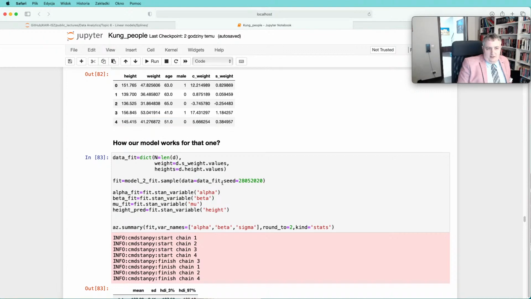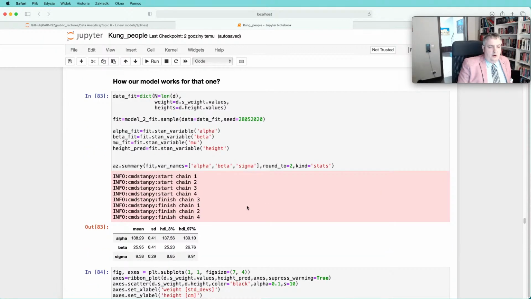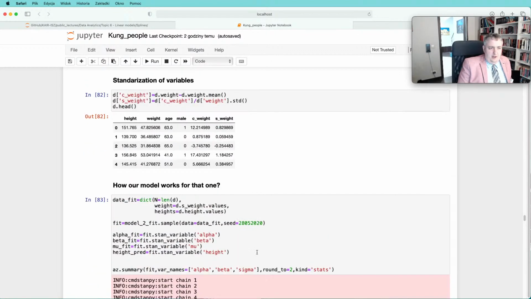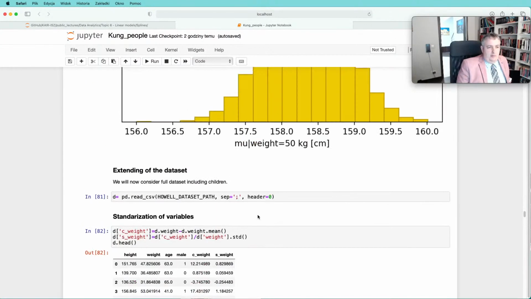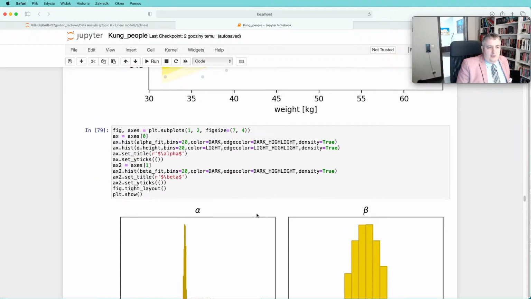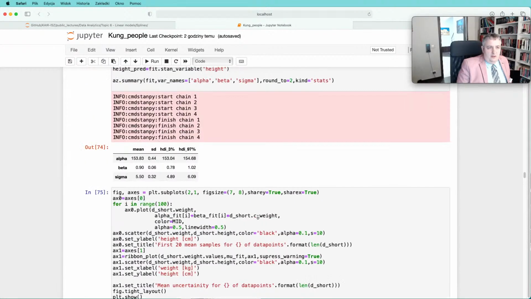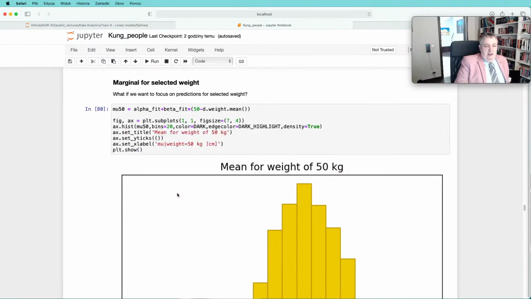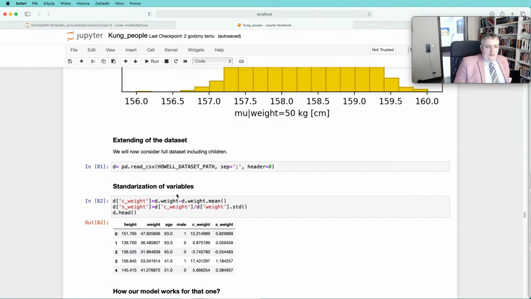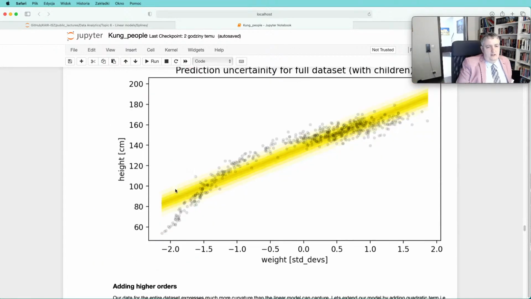Because we standardized the weights, we will get a different coefficient for beta. It will be larger, by an order of magnitude than previously. As you can see here, beta was around 1, now it's beta around 20. Using that, we can see how our model moves, and we can see that we have a systematic problem with our model.